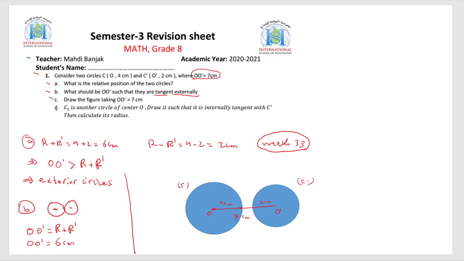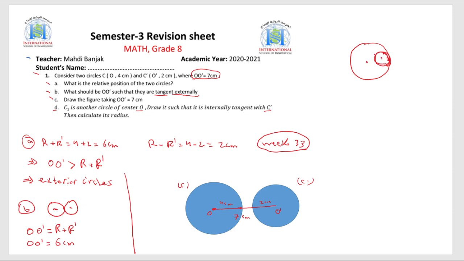Fine. In part D, C1 is another circle of center O. Draw it such that it is internally tangent with C prime. Internally tangent means one circle is inside the other, but it touches it in one point, which is here.